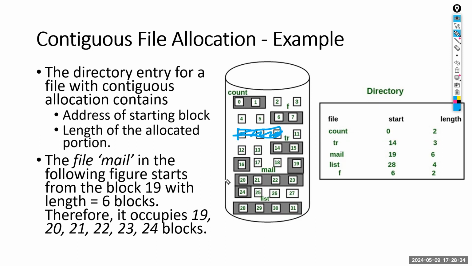Now let's say we have another big file, and your operating system calculates that it needs at least 5 blocks. Now what happens is you can see that there are no consecutive 5 blocks here right now. Earlier we had 1, 2, 3, 4, 5, but because of this file, there are no more 5 consecutive free blocks.